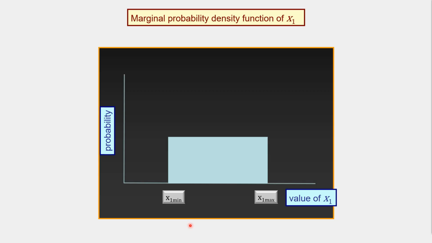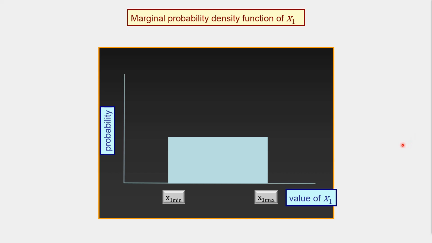Now in this case, by counting the dots, I soon realized that x1 has a uniform probability distribution, that it's just as likely to take on this value as this value as this value, but it will not take on a value greater than x1 max, and it will not take on a value lower than x1 min. I'm calling this the marginal probability density function of x1 because I don't care about x2.